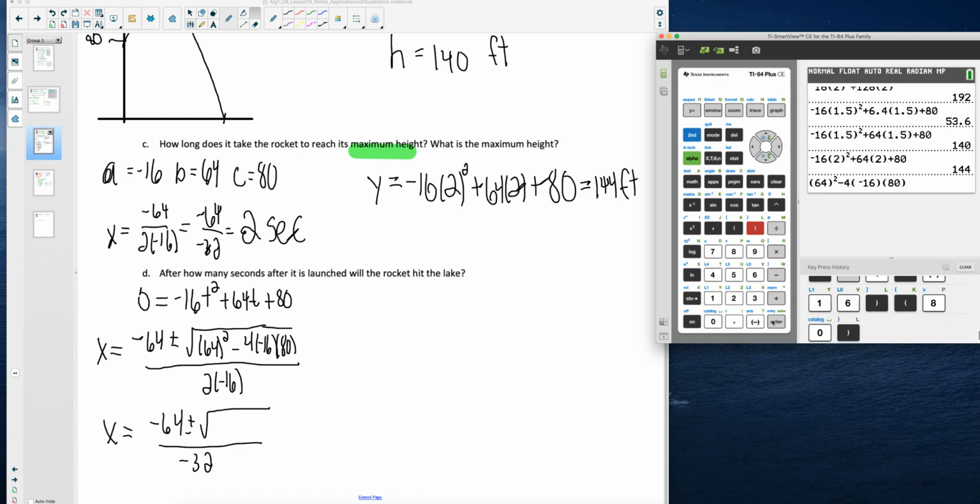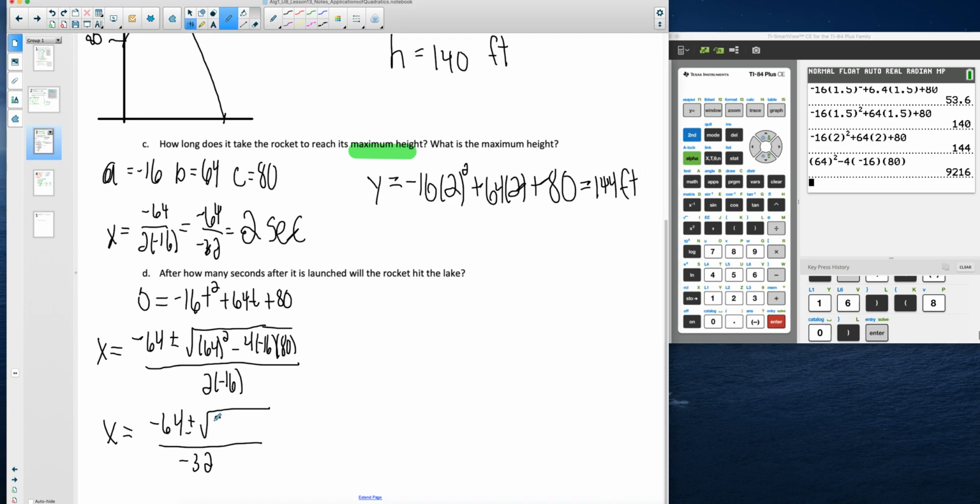I hit enter, and that gives me 9216. So that's inside my radical here.